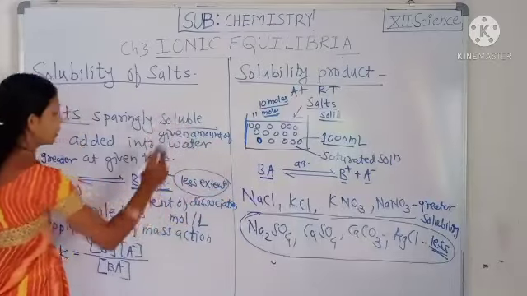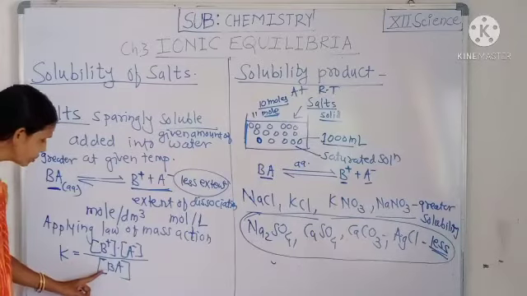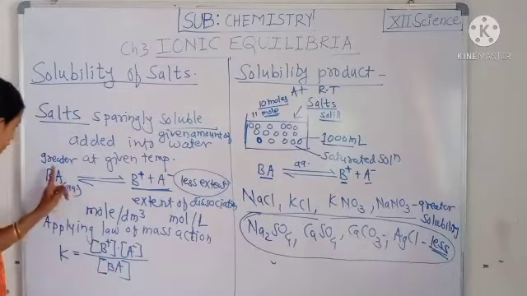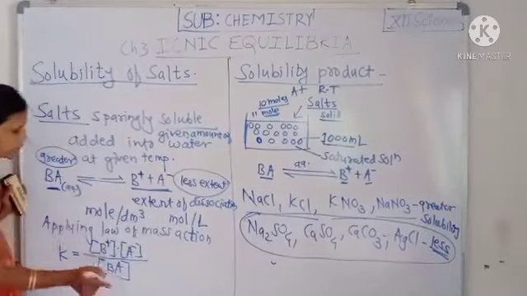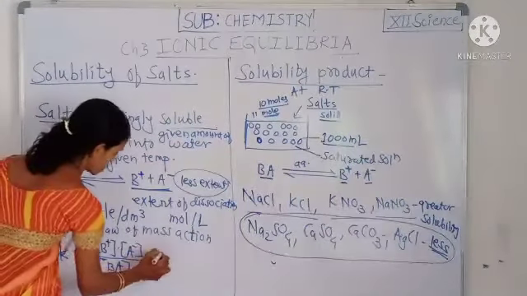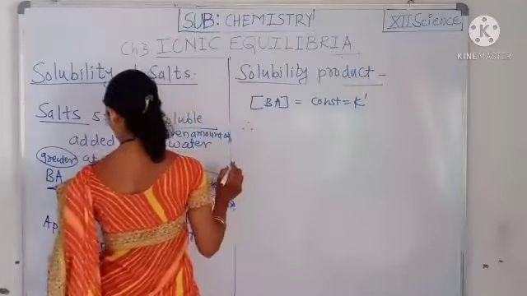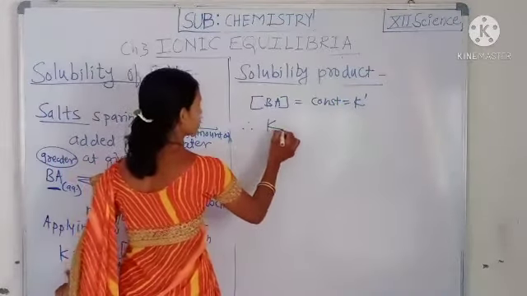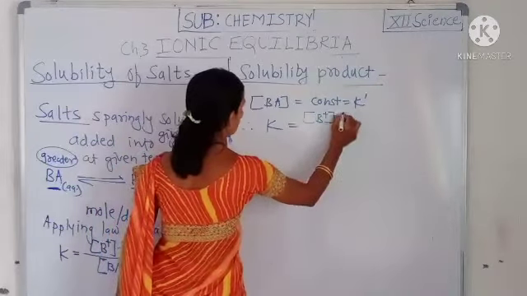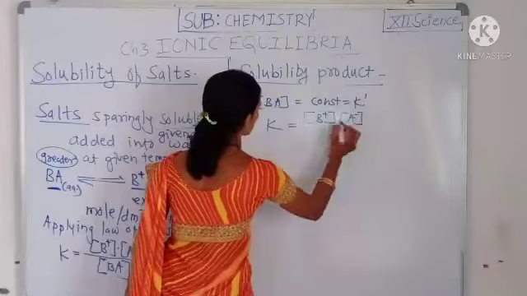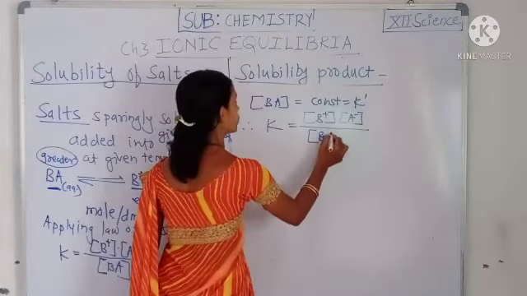Therefore the concentration of BA, that is the concentration of the excess substance, is always constant, which is denoted by K dash. So this equation becomes K equals the concentration of B plus into the concentration of A minus upon the concentration of BA.